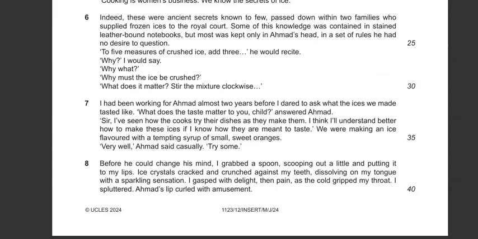So the writer presented his opinion that if he knows the flavor, he will understand the craft better. At that particular moment, they were making an ice flavored with sweet oranges, and Ahmed surprisingly agrees to let him try it.